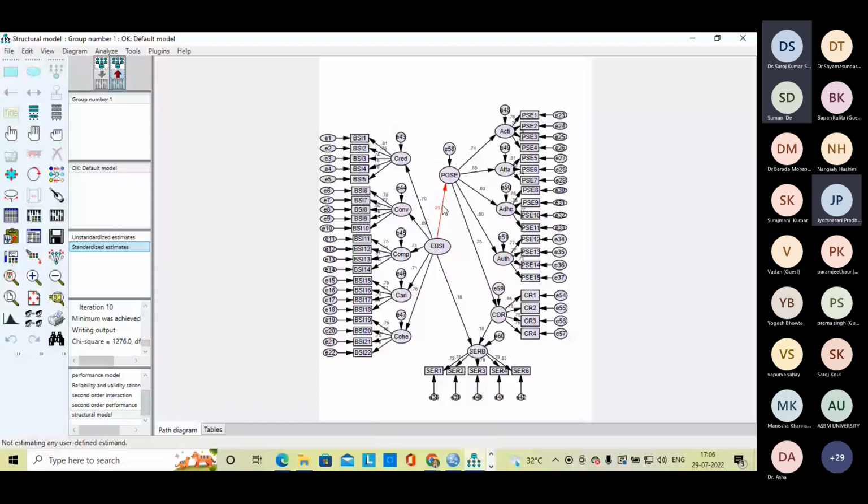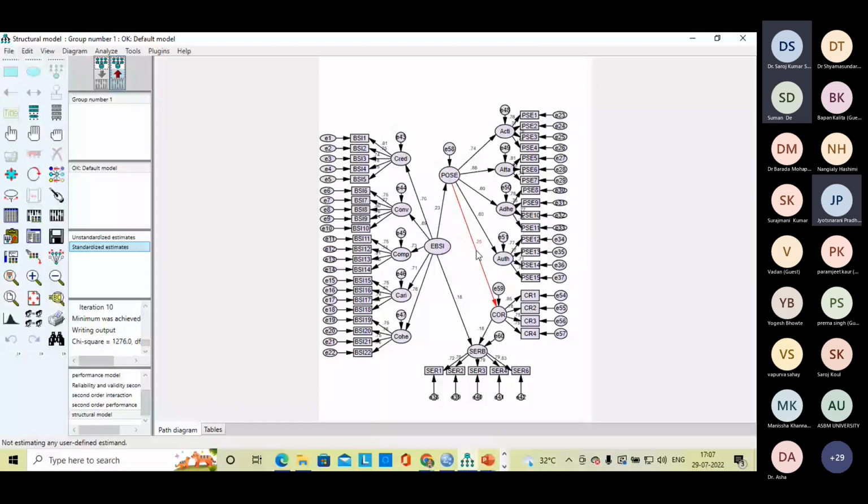That means 23%, because the standardized regression weight is 0.23. So we can interpret that the effectiveness of buyer-seller interaction has a 23% impact on the sales employee performance.